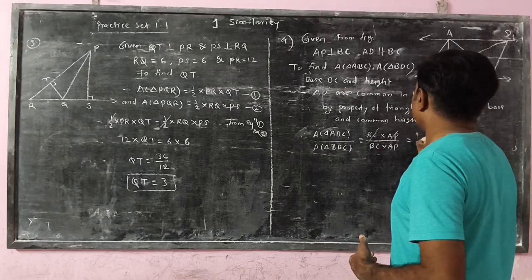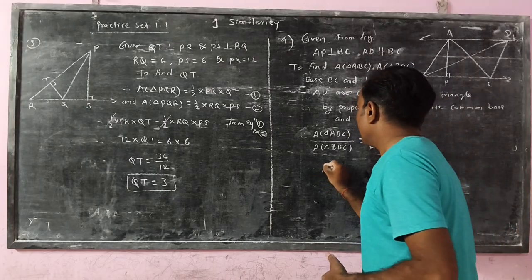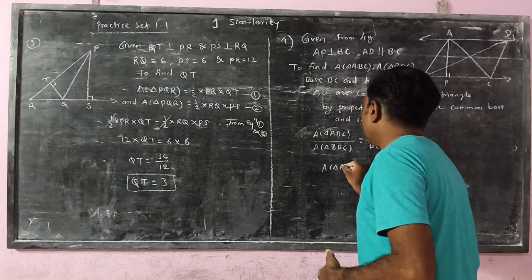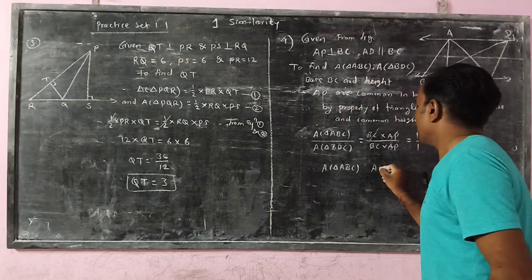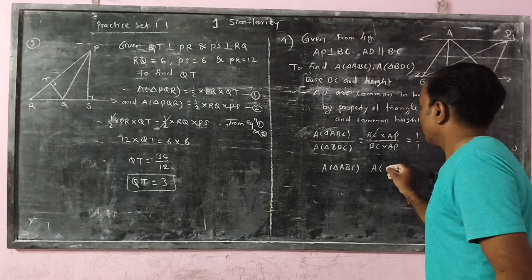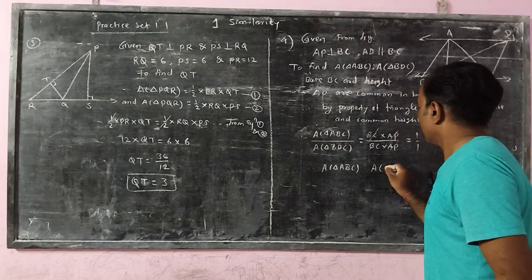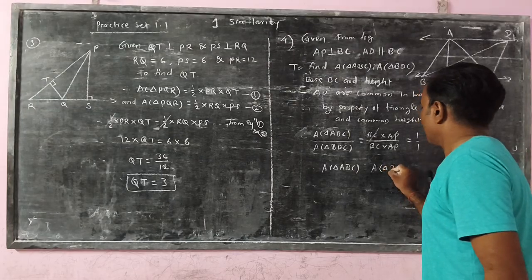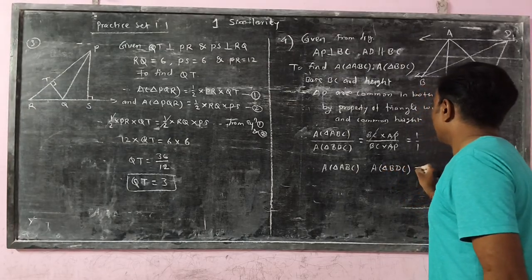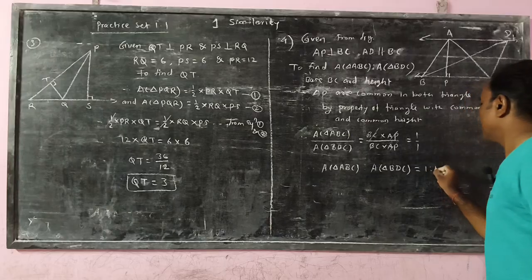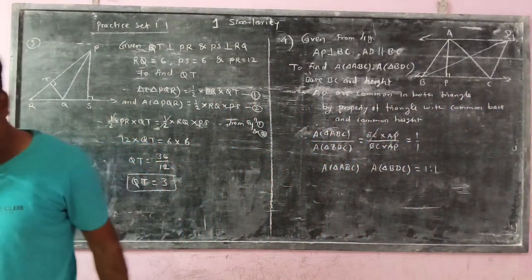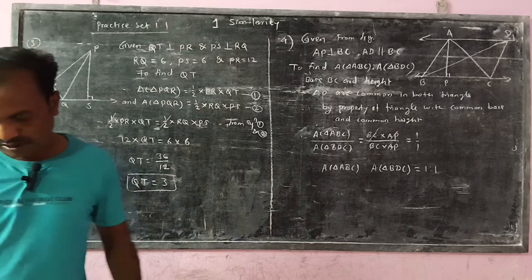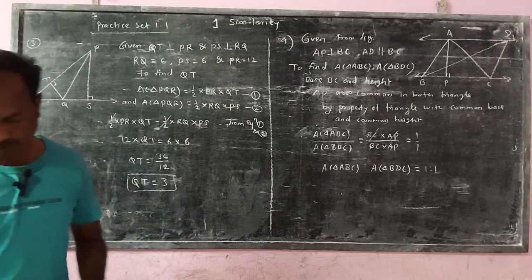BC gets cancelled, and therefore area of triangle ABC is to area of triangle BDC equals 1:1. This is the final answer of that question.